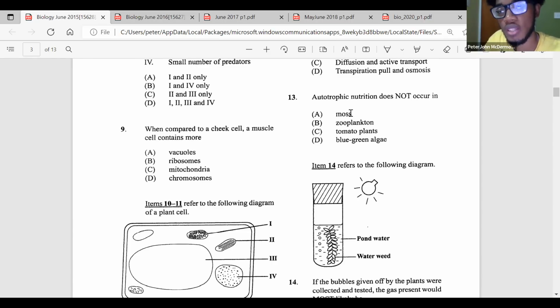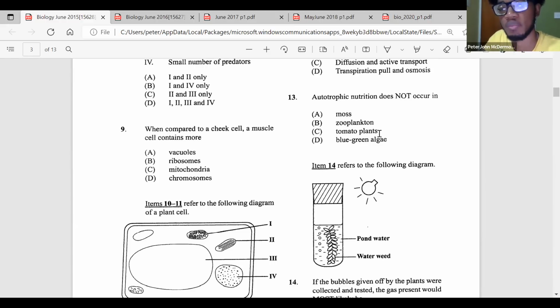Moss is green. We've all seen moss before. Green, food producing organism. Skip zooplankton for now. Tomato plant, we know that tomato plants contain chlorophyll. We know that it's a typical plant. Blue-green algae. So maybe the word blue is there to trick you, but it's green as well.